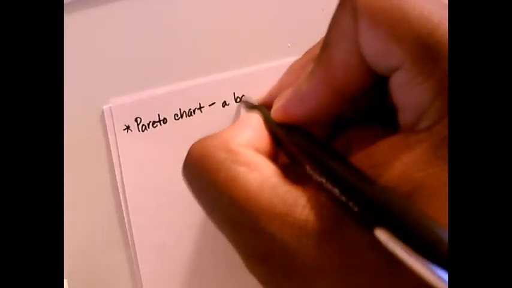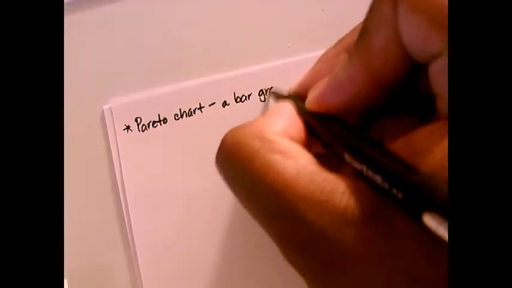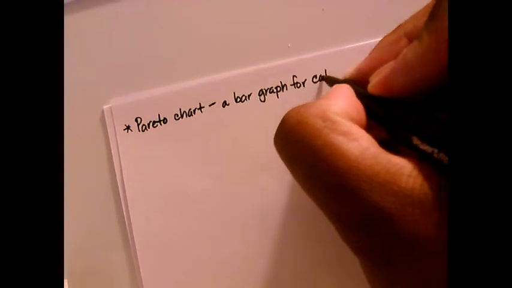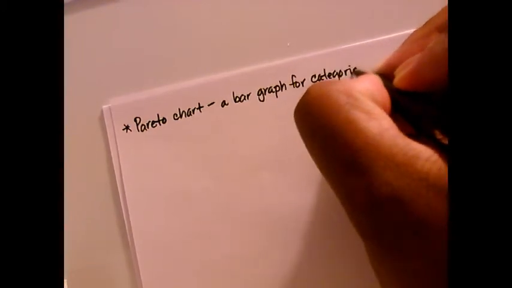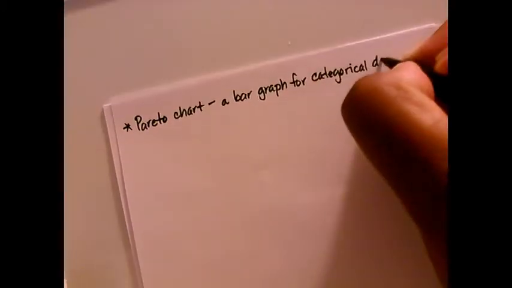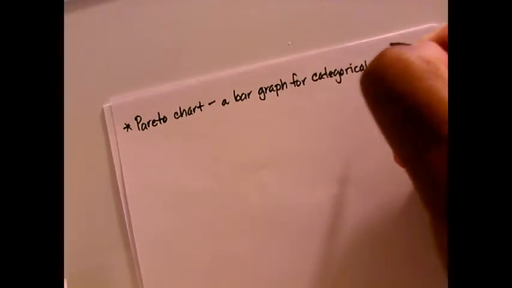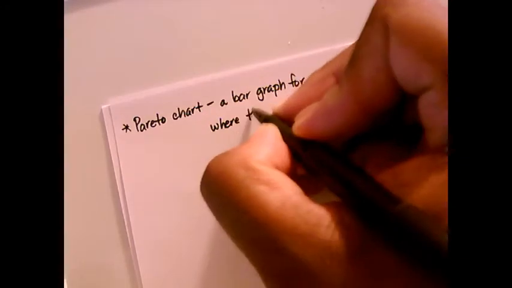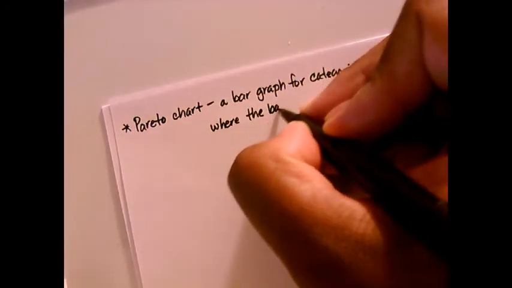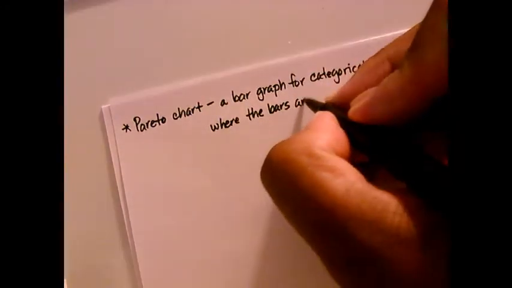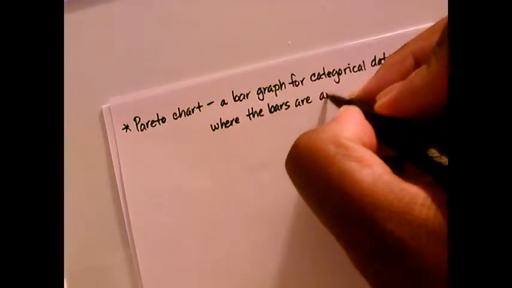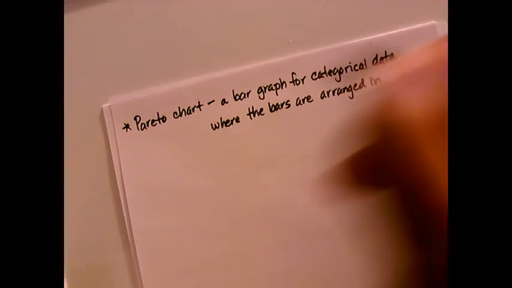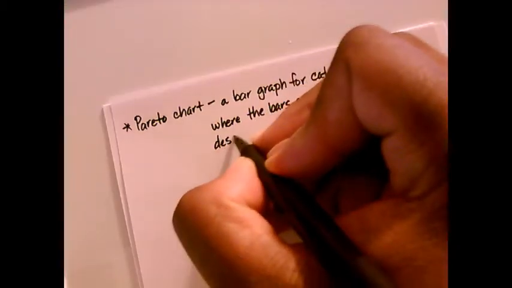A Pareto chart is a bar graph for categorical data, where the bars are arranged in descending order.